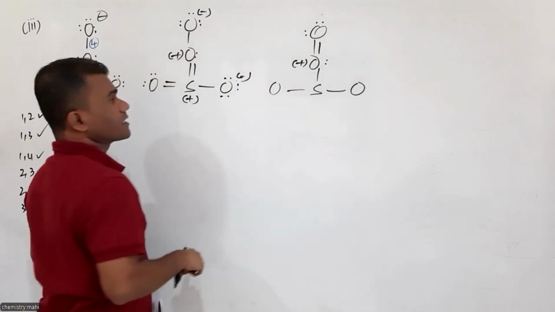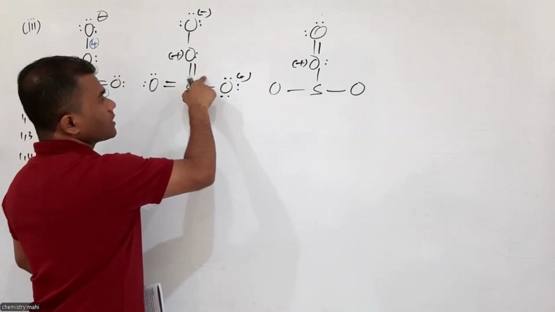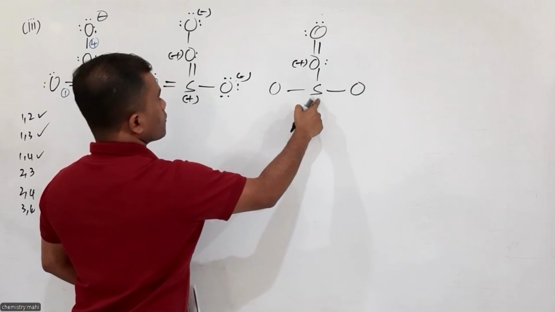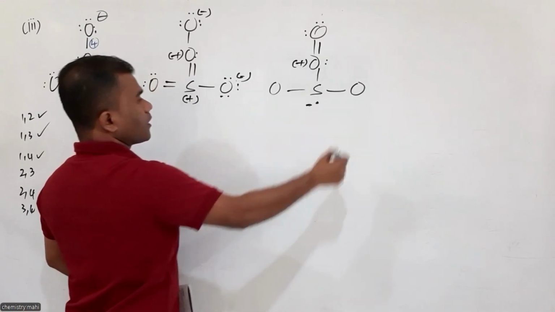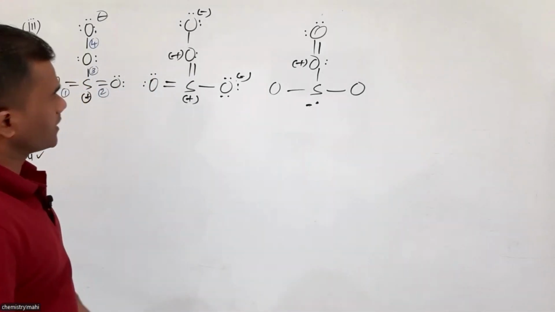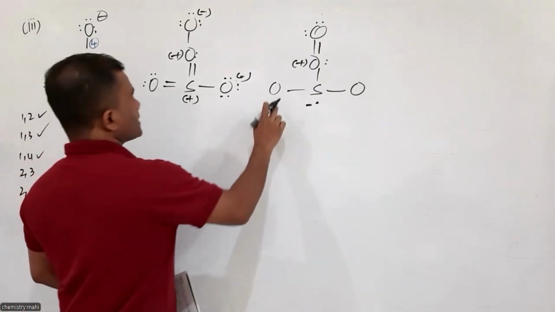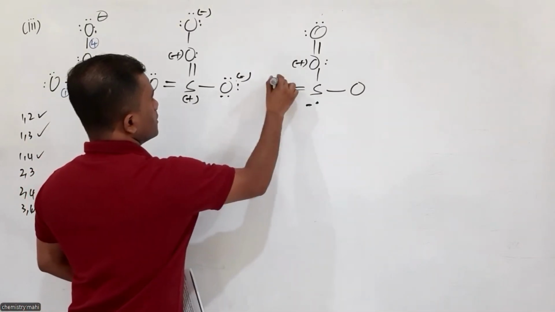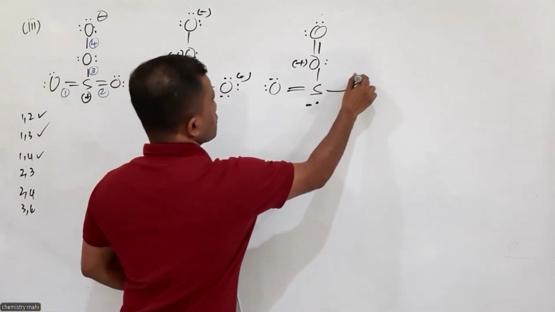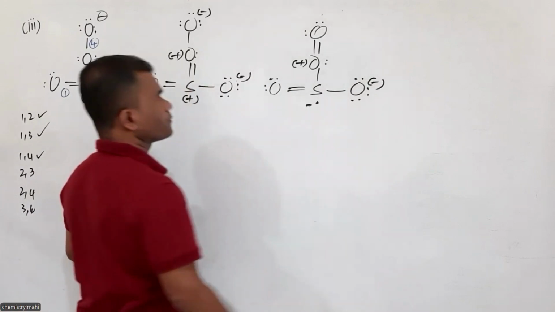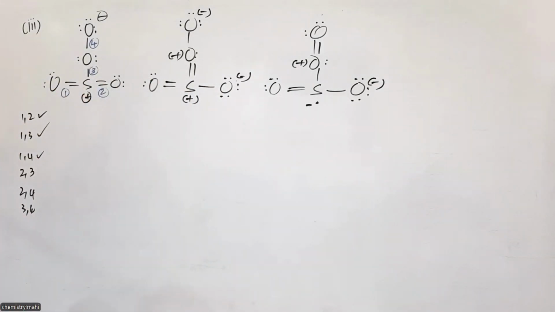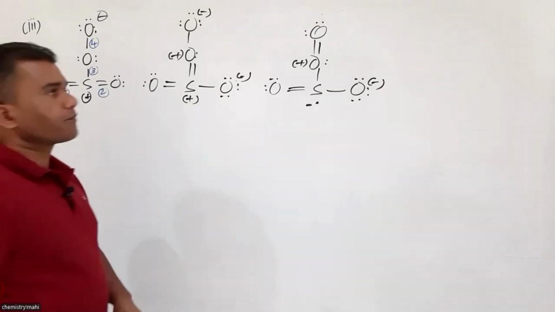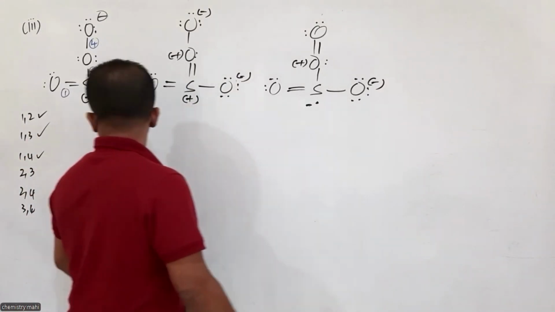You have plus and O. Sulfur takes the electron here and it has another pair now. Plus is neutralized because minus and plus cancel. This oxygen, no change, double. This oxygen, no change, minus.